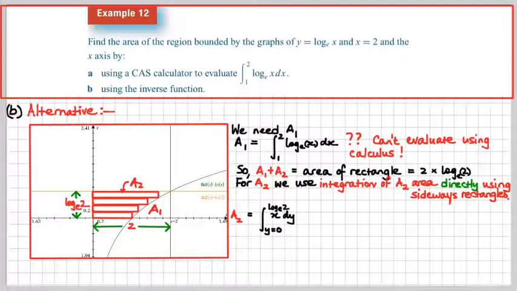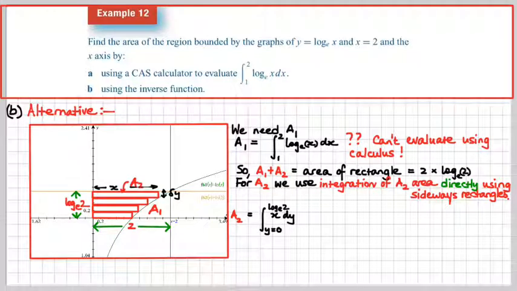So A2 is now, look, the sideways height of these rectangles is the x value, relative to the y-axis. And the widths are little delta y's. Isn't that cute? There's the heights, the x's, and there's the widths, the delta y's. Everything's reversed, but it works mighty fine, as you'll see.